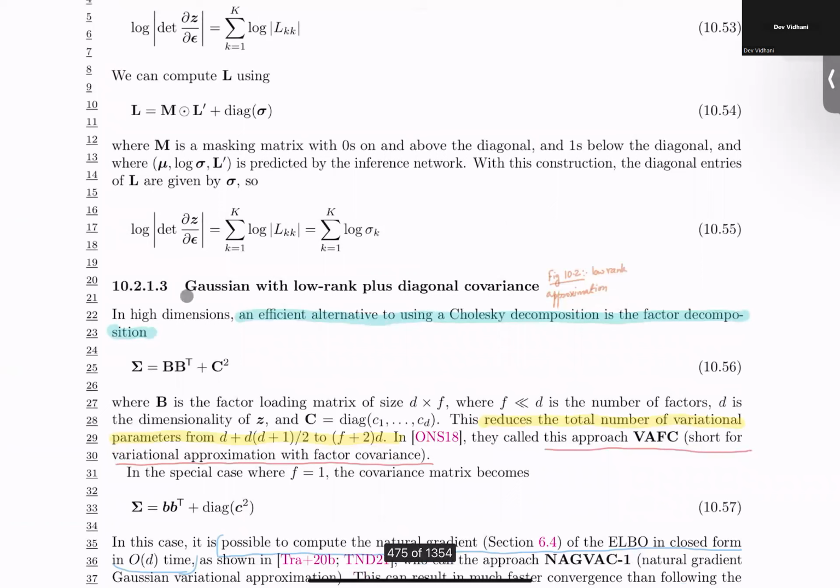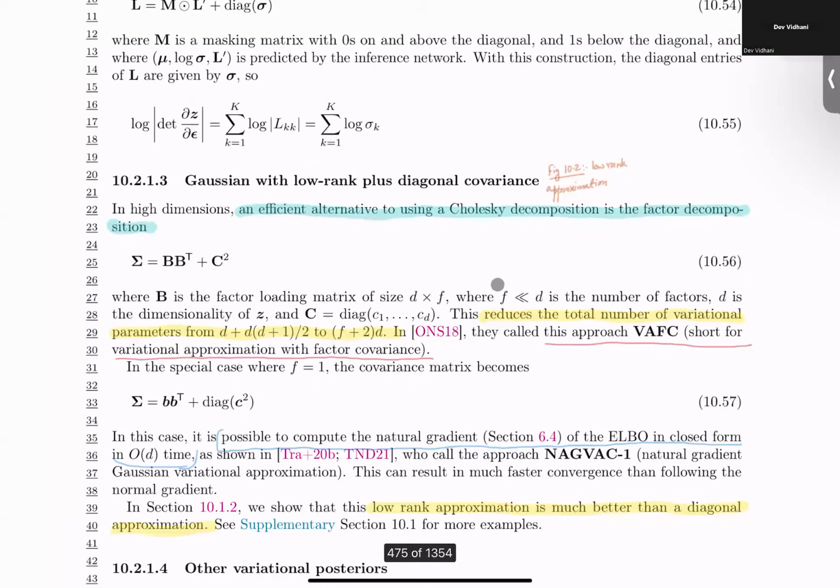As you can see in 10.2.13, just like our LoRA thing, there is a low-rank diagonal covariance conversion. I will skip all of those things.